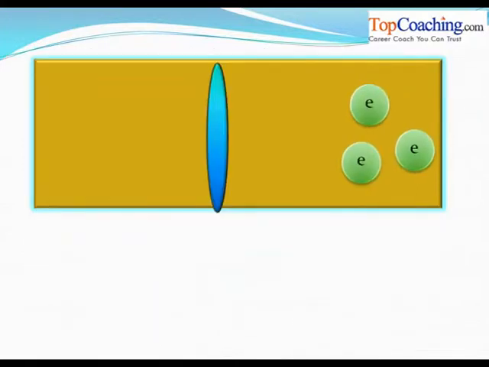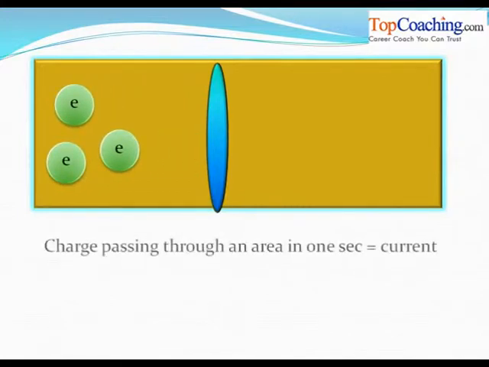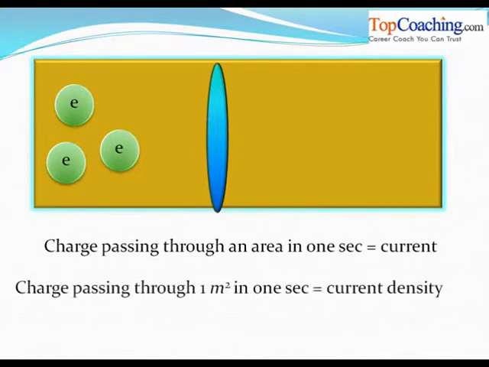Now, we know that the net charge flowing through the area of cross-section of the conductor per second is electric current, isn't it? Charge passing through an area in 1 second is current. The charge passing through 1 meter square of area in 1 second is given a special term called current density.